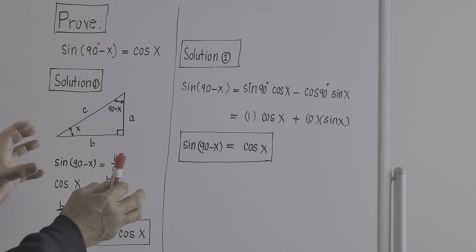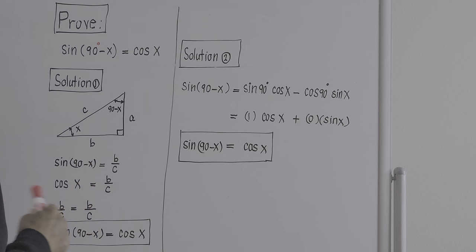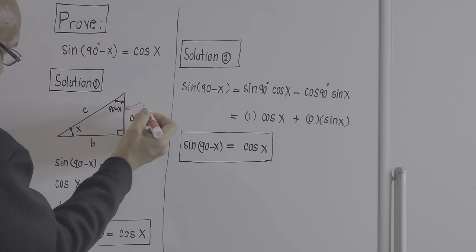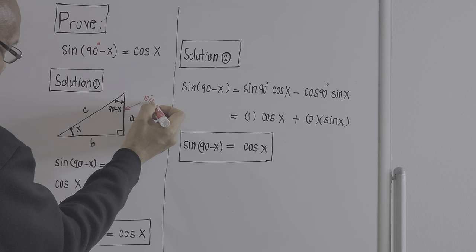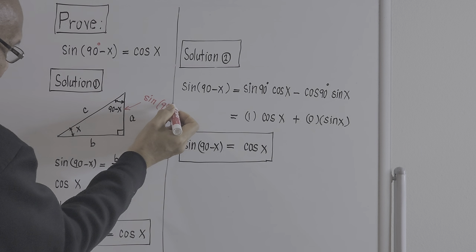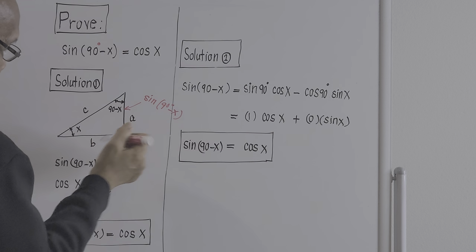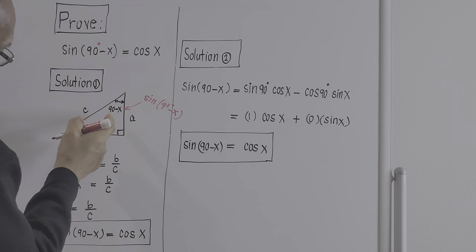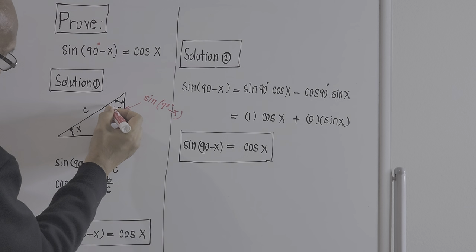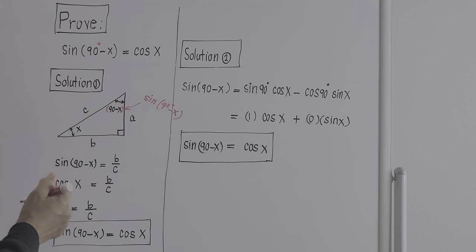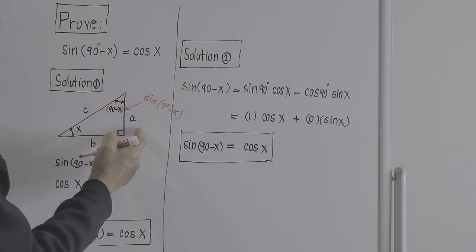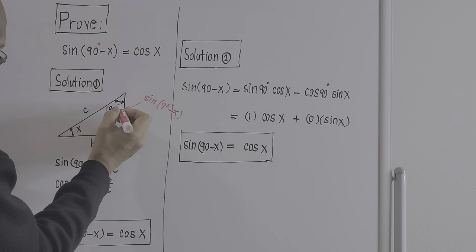If we refer to the given right triangle and take the sine of 90 degrees minus x, we consider this angle here. Side b is the opposite side, and side a is the adjacent side, considering the angle 90 degrees minus x.